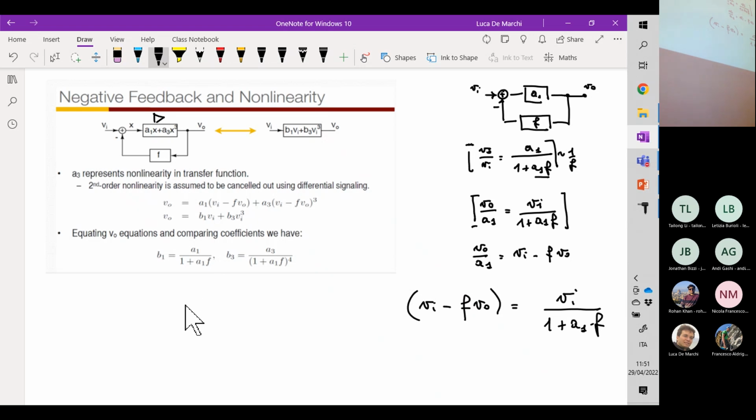So V out is equal to A1 multiplied by Vi minus F V out, plus an additional term, with A3 as coefficient, times again Vi minus F V out to the third power.